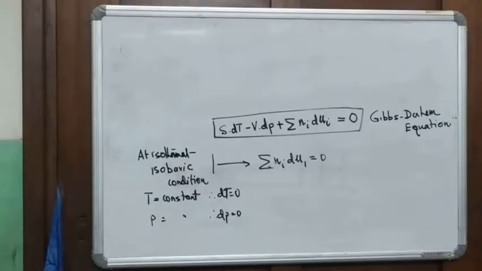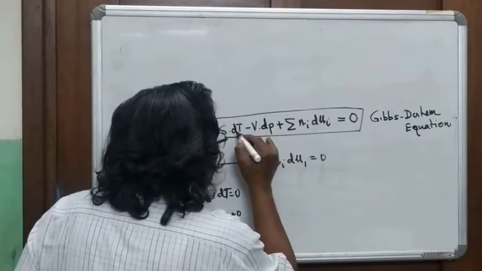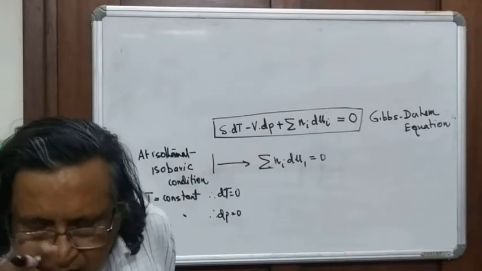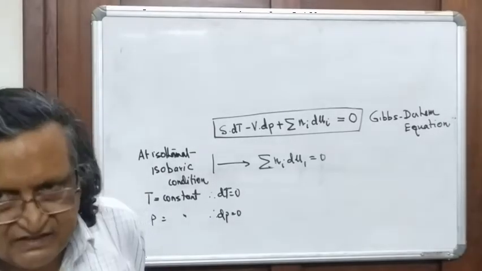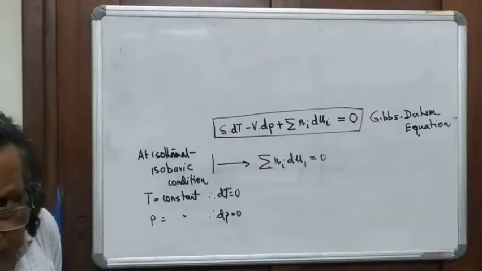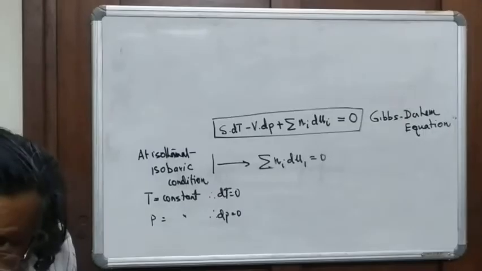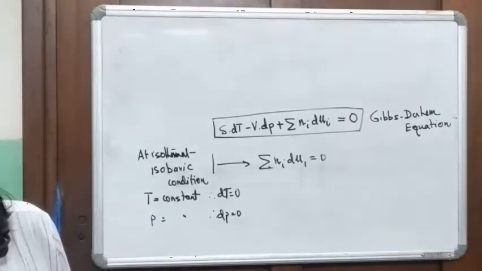Say, for example, have you understood? What are the variables? dP, dT, Ni. What is Ni? The number of moles of a component in a phase. What is mu i? It is the chemical potential. Remember, G by N is also a free energy term, which is the free energy of the different components.